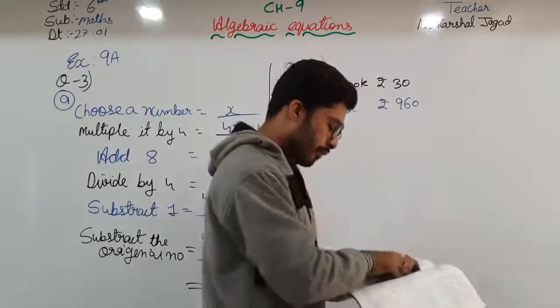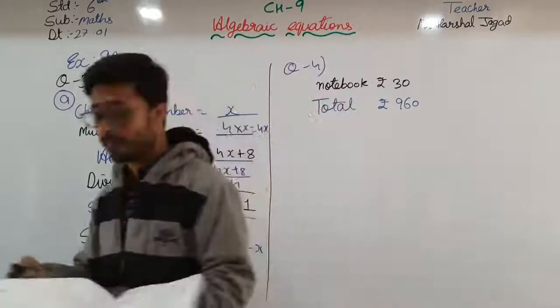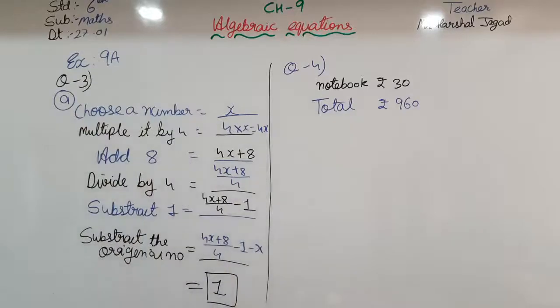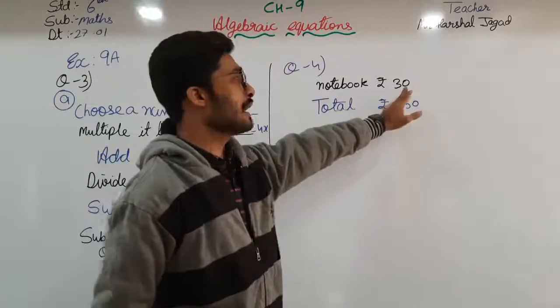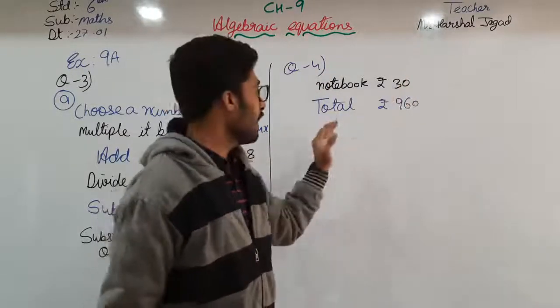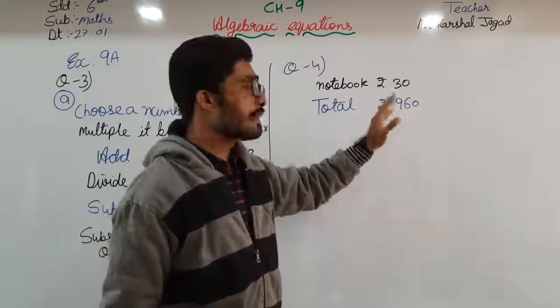So we have to find how many notebooks did he buy? Who? Bunty. How many notebooks did Bunty buy? So one notebook costs 30 rupees, and the total rupees is 960.